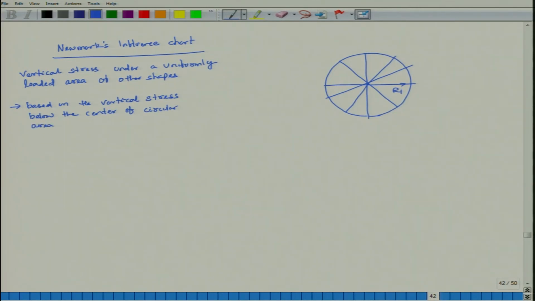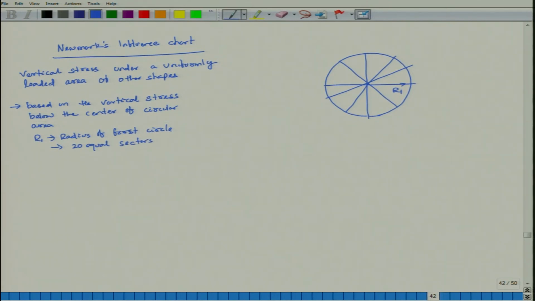If R1 is the radius of the first circle, let us say this is the first circle, R1 is radius of first circle, then it is divided into 20 equal sectors, 20 equal sectors.